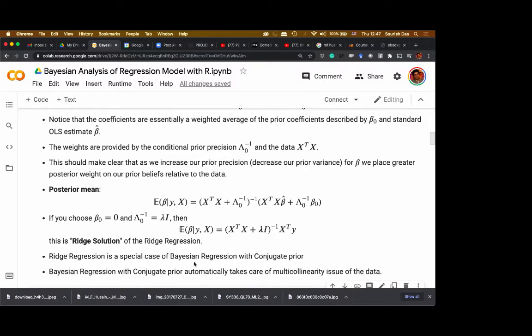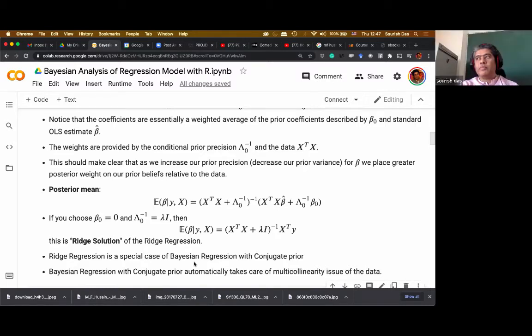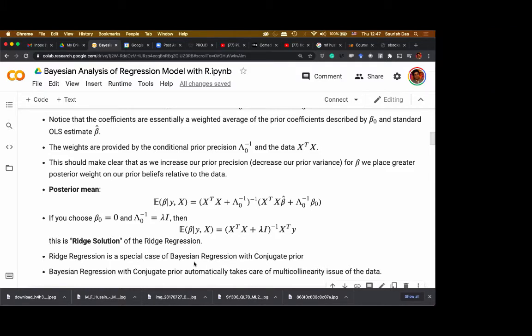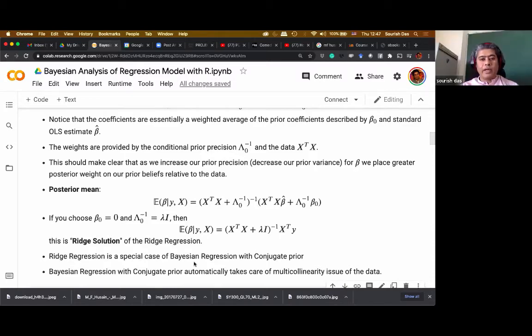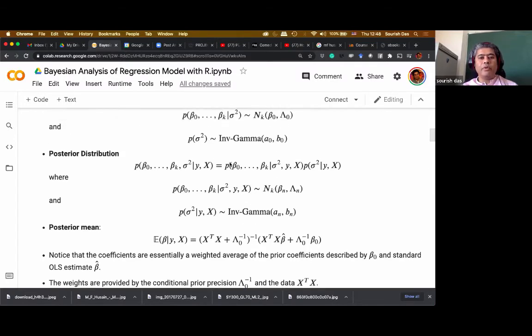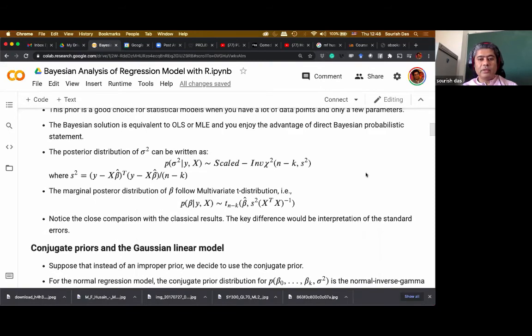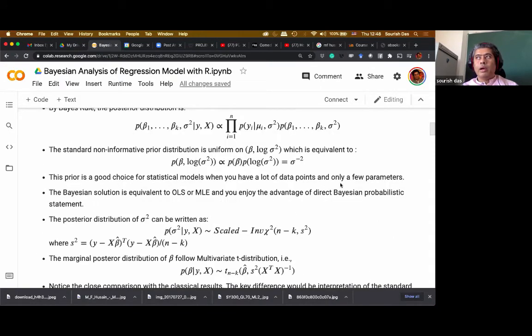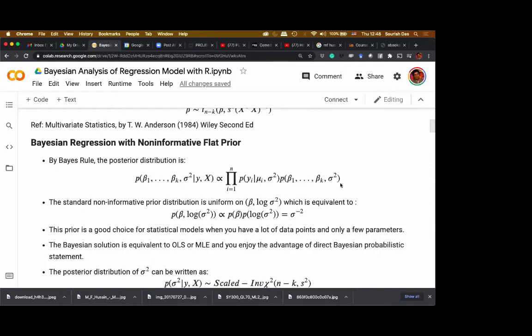Or if you use a double exponential prior, L1 penalty and double exponential or Laplace prior are a one-to-one mapping. So if you use a Laplace prior, you don't have a nice posterior distribution. You have a very cumbersome posterior that you can write only up to proportionality, like something like this.